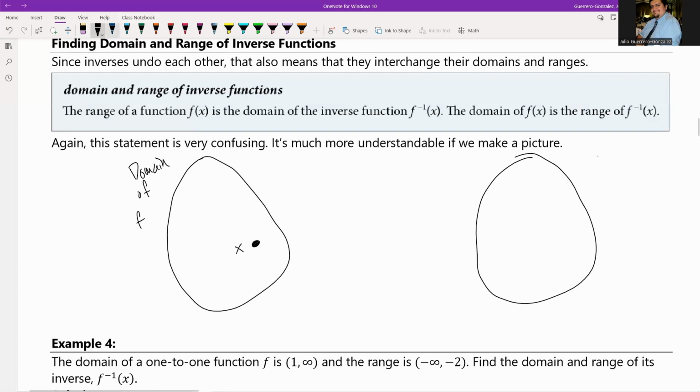And I should be able to take it to this other point over here, which is the range of f. So I should be able to grab this point, hit it with a function, in particular with f, and the outcome should be my y value, my y equals f of x.